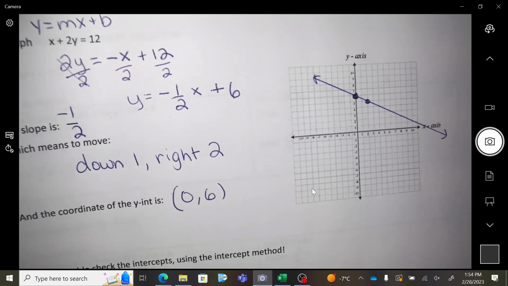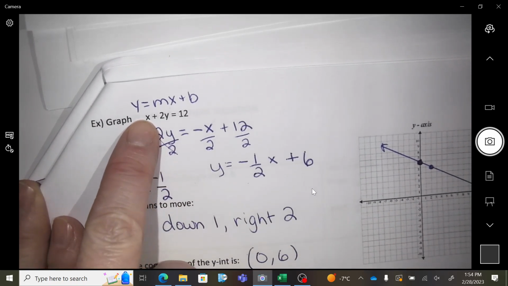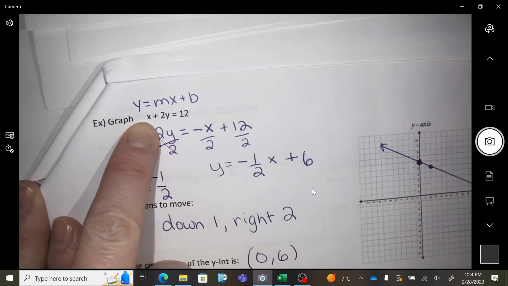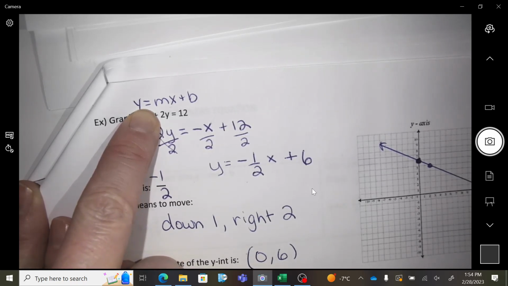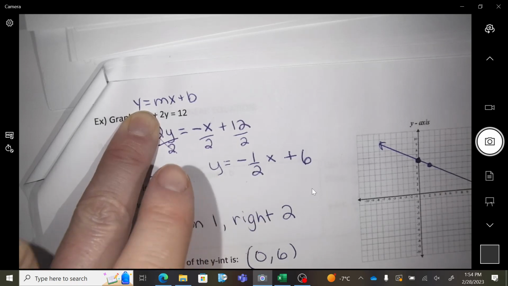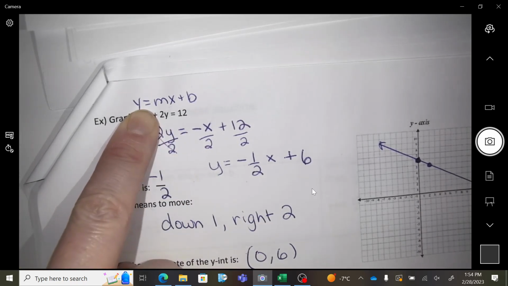Okay, I'm going to quickly look at what we just did last lesson with the intercept method. Okay, you ready? If x was 0, are you okay if I cover it up? What does the y-intercept have to be then? 2 times what is 12?